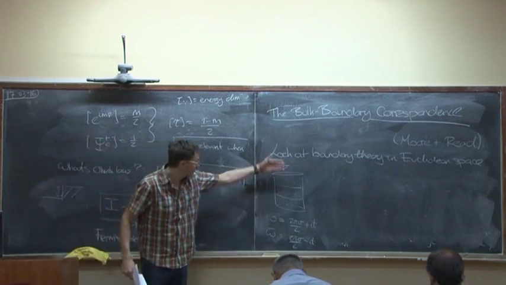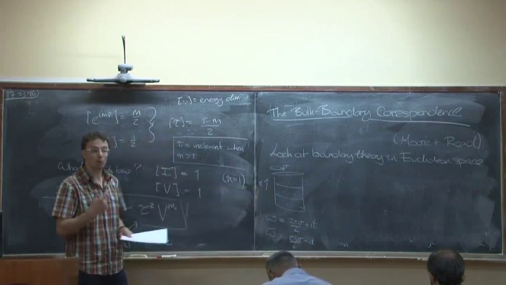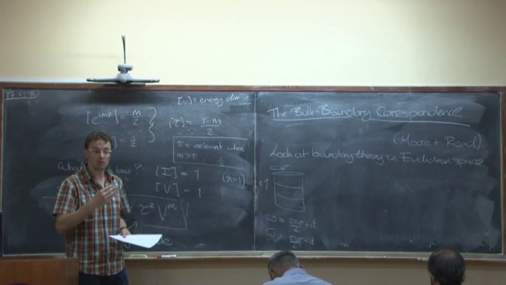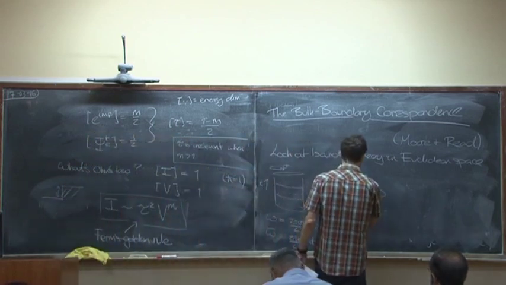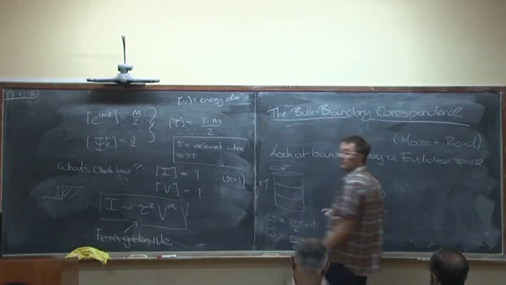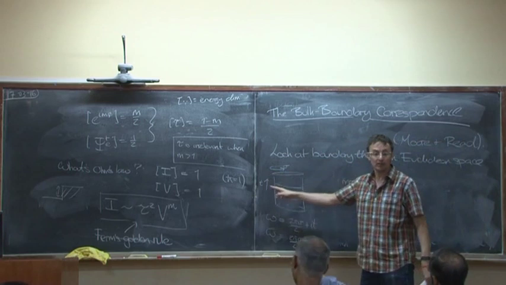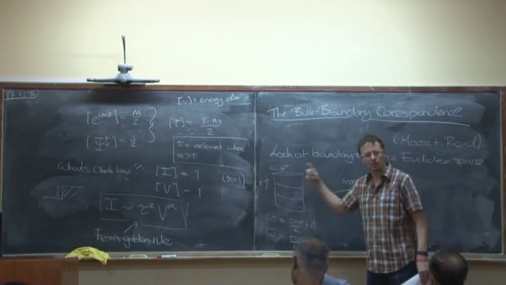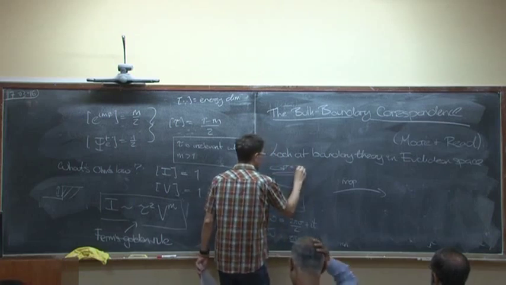So w and w bar parameterize the cylinder. In what follows, it's going to be more useful to think about coordinates that parameterize a plane. L was the length, the circumference of this cylinder, as we had in the last lecture when we talked about the fluid.